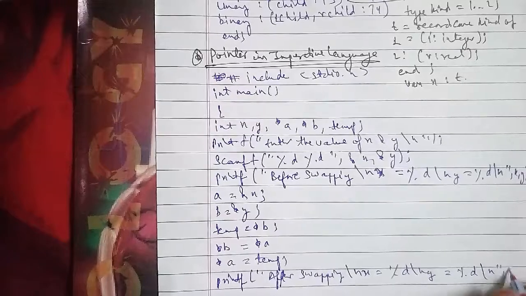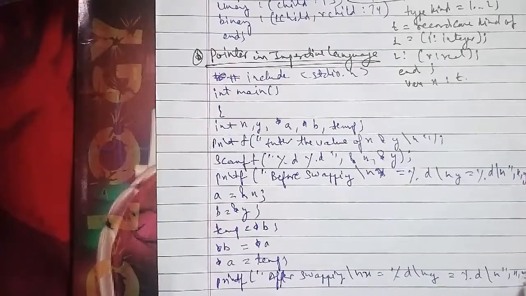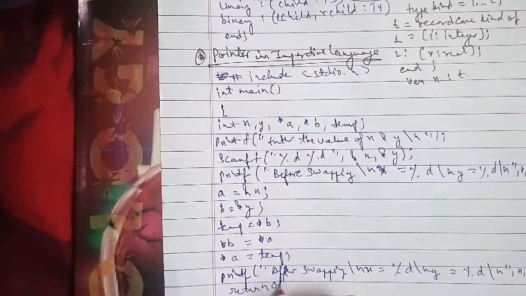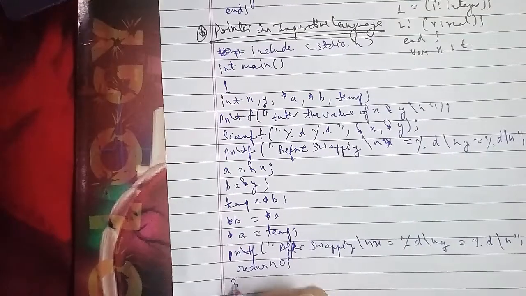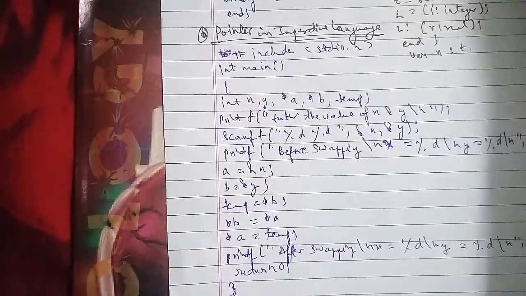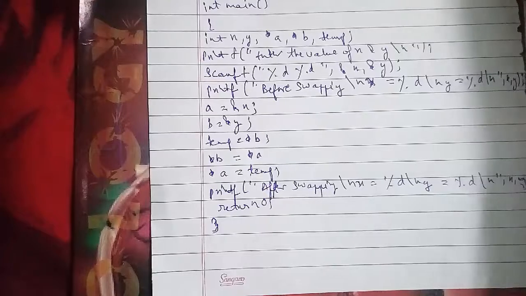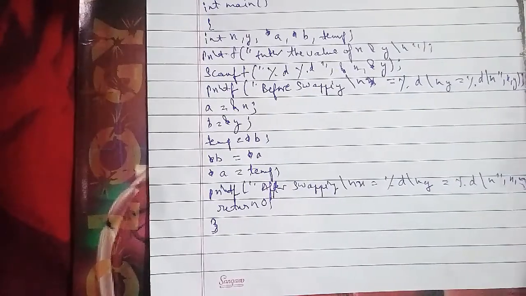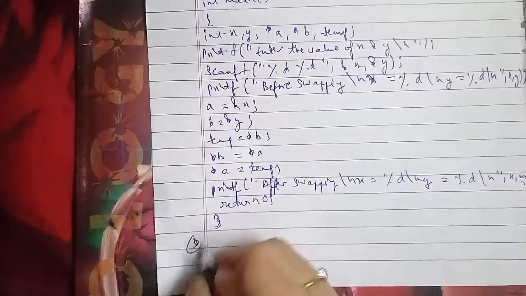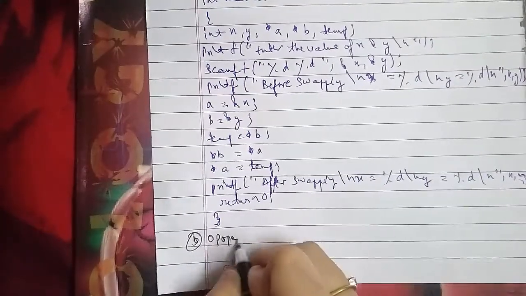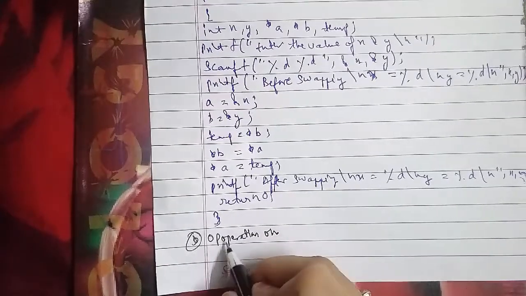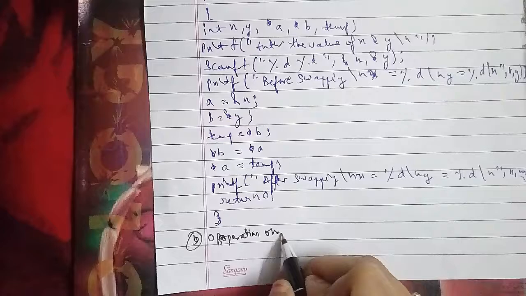The second is dereferencing. The third is assignment. The fourth is equality testing. And of course the fifth is deallocation, which is dispose(p).